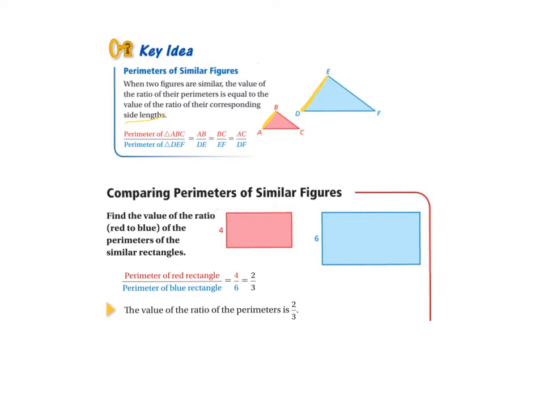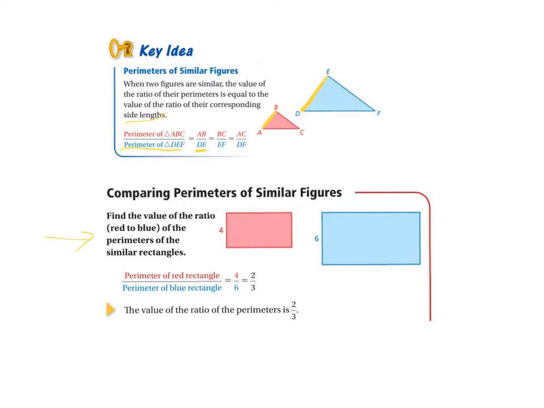Okay, and they're the same. So that's why they have the perimeters set up to any of the three sides that match, but the one I underlined is the one that I have over here in yellow. So you could just set the perimeters equal to the side lengths as a proportion and then cross multiply.